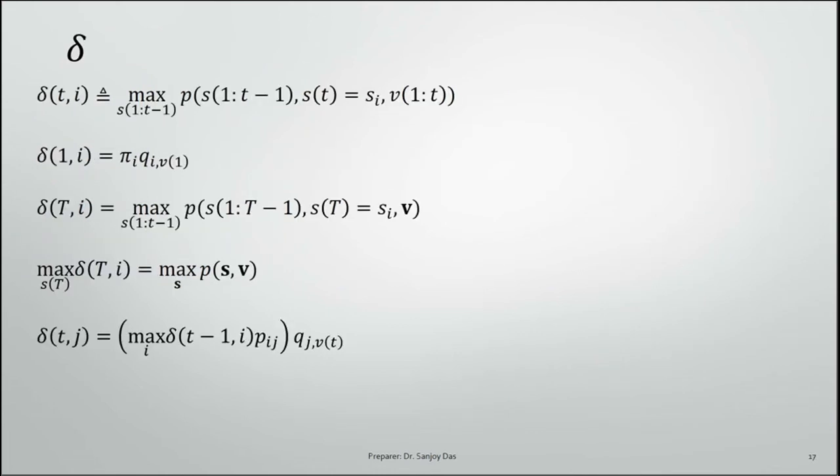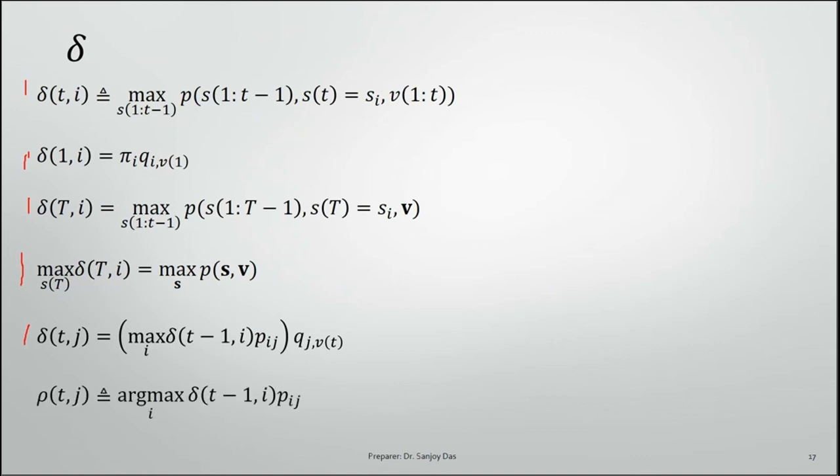So we are at this point here. We have delta t i, the definition, and the boundary conditions, delta 1 i and delta uppercase T i are also known, and we have this expression to extract the S star, which is what we want. And we also have this delta t j, which is given by this recursive relationship.